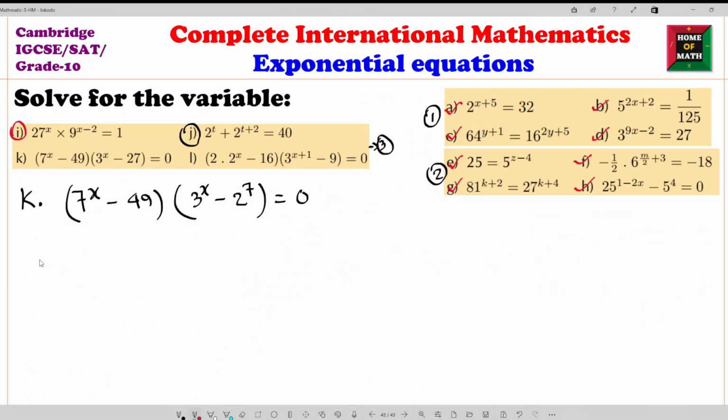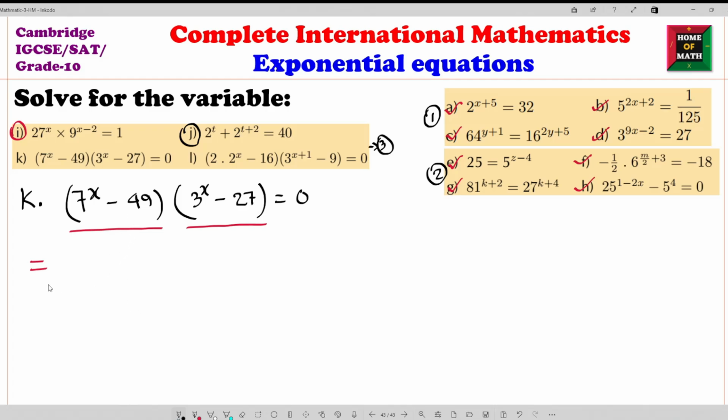Number K. Here are two expressions. First one 7 to the power x minus 49 and then 3 to the power x minus 27. Here it is not 2 to the power 7, here it is 27. Equals 0.